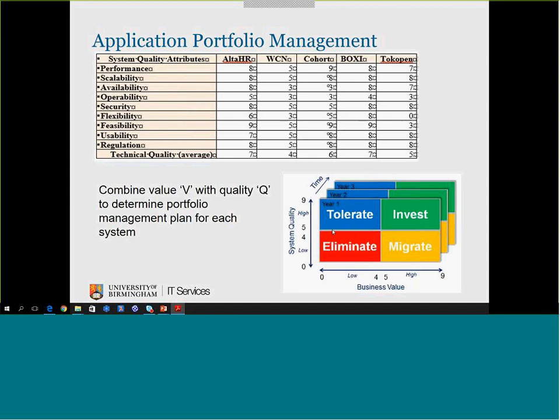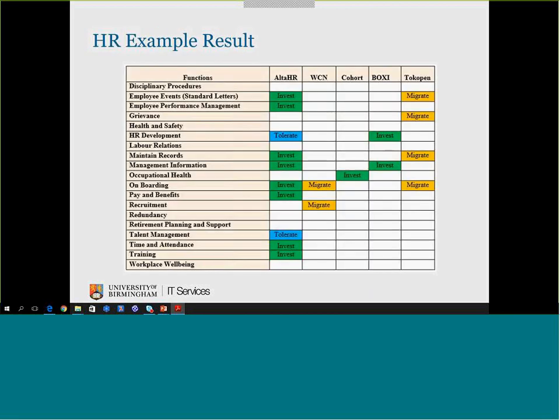If it's high quality but low value, then we tolerate it in the environment, but it doesn't actually give much benefit. This is invented by me. It's based on papers delivered at a conference years ago.